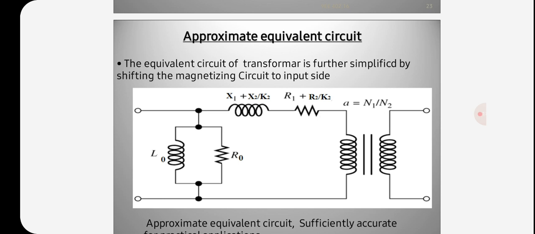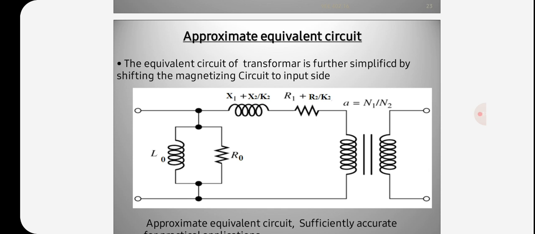So that is I2 R naught 2 into 100 by E2 into cos phi 2 plus or minus I2 x naught 2 into 100 by E2 into sin phi 2. So that is Vr cos phi 2 plus or minus Vx sin phi 2.